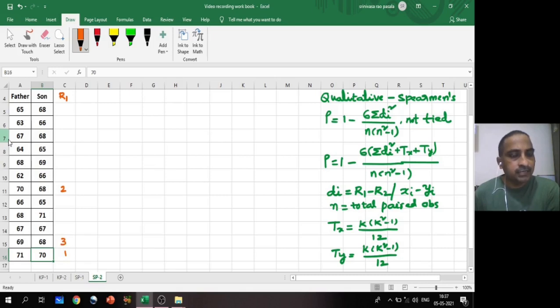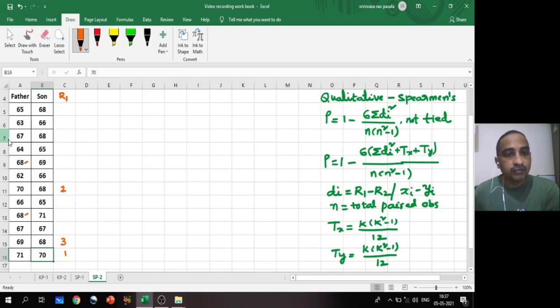The next highest mark, if you observe, is 68. But 68 is there 2 times. So what is the next rank? The next ranks are 4th rank and 5th rank. So we cannot give either the 4th rank to both observations with the same value, or the 5th rank to both. That's why we have to take the average.